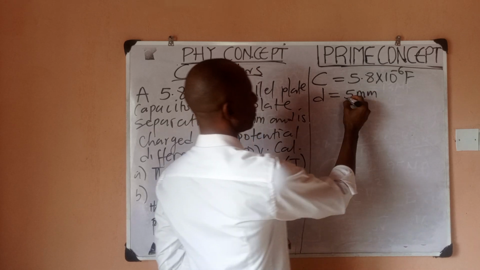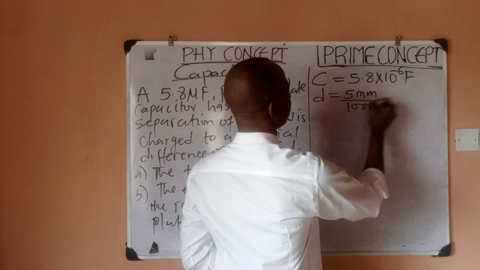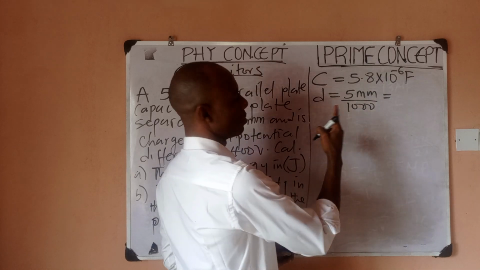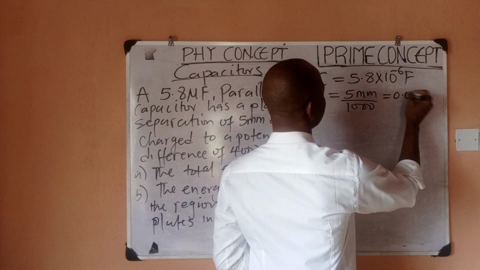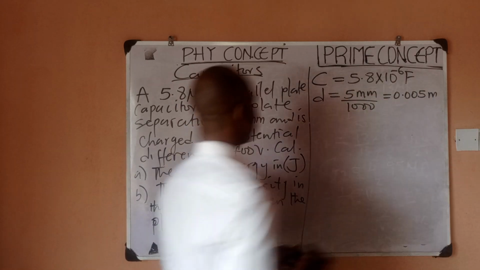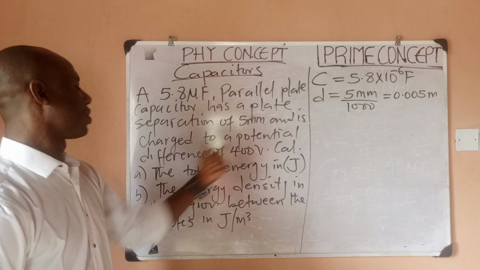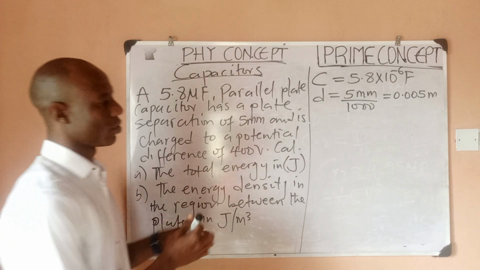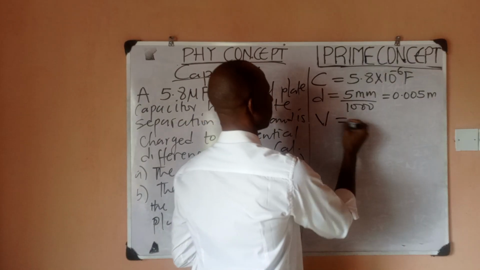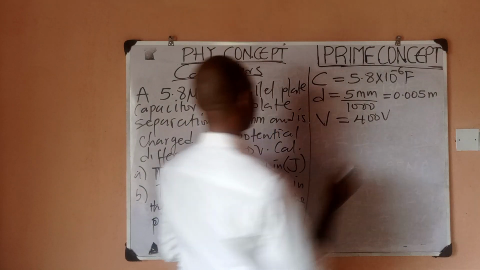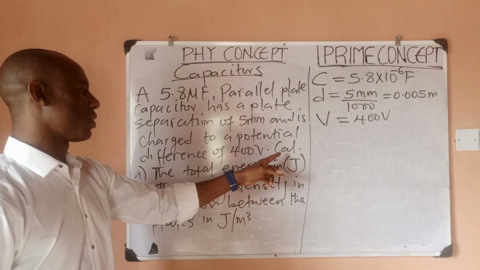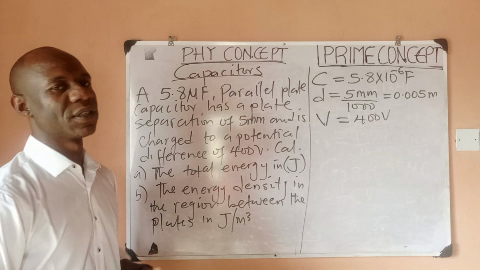But you need to divide this by 1000 to get the value in meters, so we have 0.005 meters, and it is charged to a potential difference of 400 volts. So the potential difference V is 400 volts. And the first question says calculate the total energy of the system.